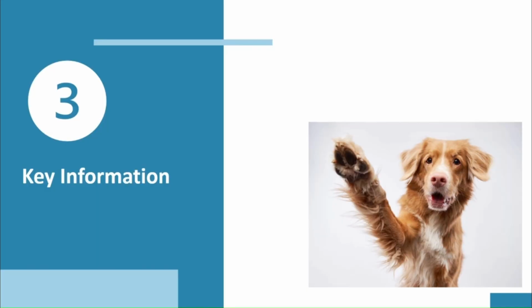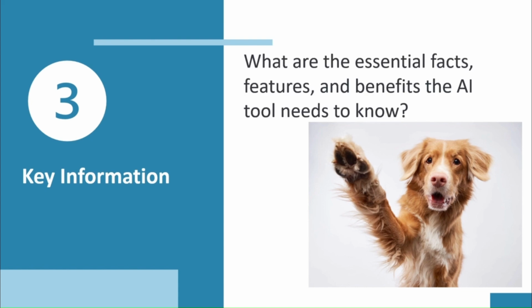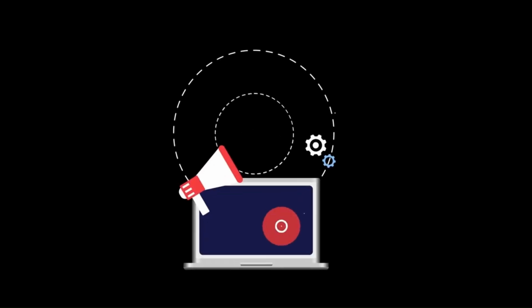Next, step 3 is where you provide all the relevant details the AI tool needs to successfully complete the project. What are the key features and benefits of your product or service? Do you have a unique value proposition you can include? And I'll get back to that in just a moment. Is this project for a specific event or a multi-channel campaign?